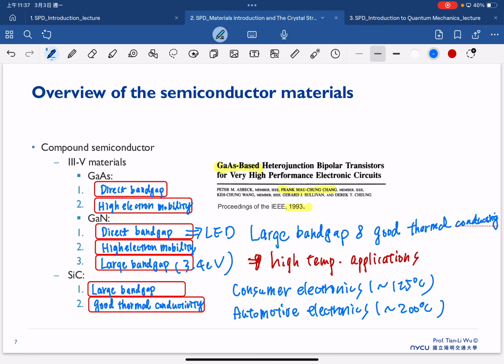In addition to this, we also have a very special one that we call space electronics.